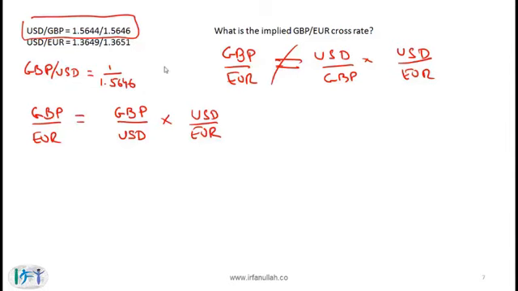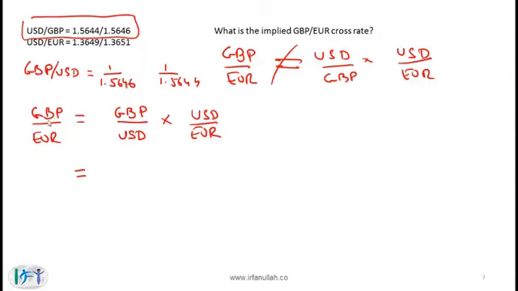So the offer is 1 over 1.5644. Notice that when we take the reciprocal of the smaller number, we get a larger number over here, and that maintains the fact that the offer has to be higher than the bid. So let's take this one step further now.